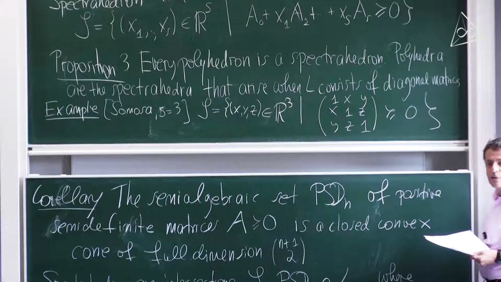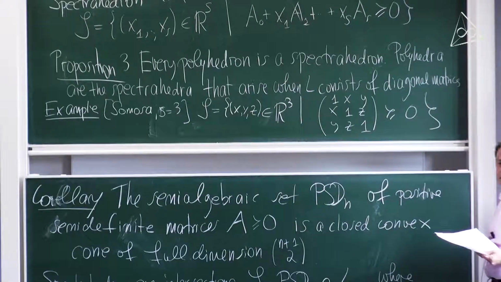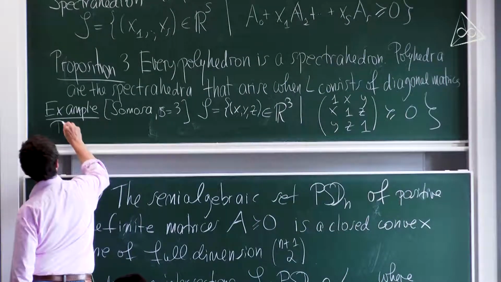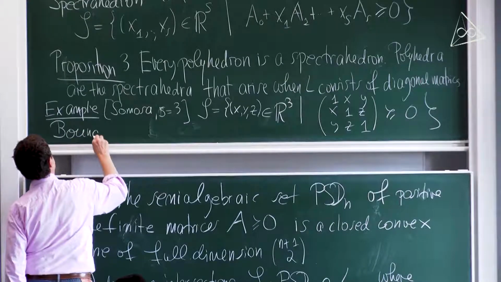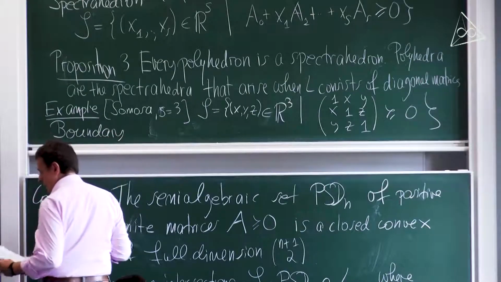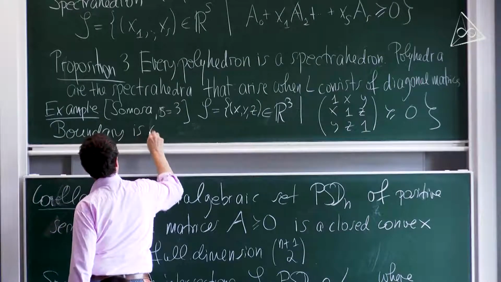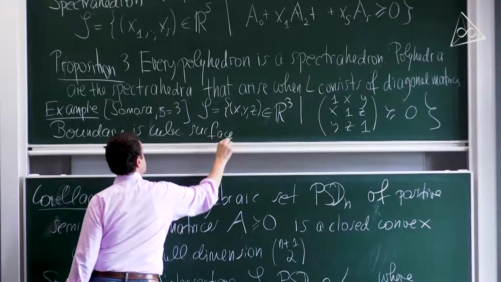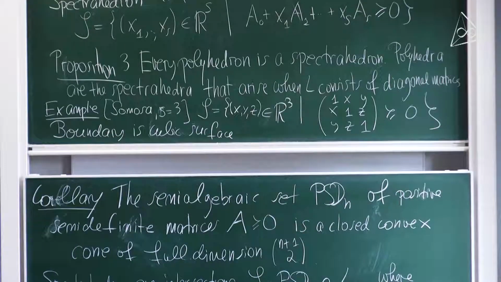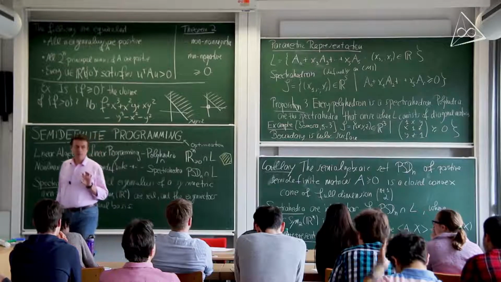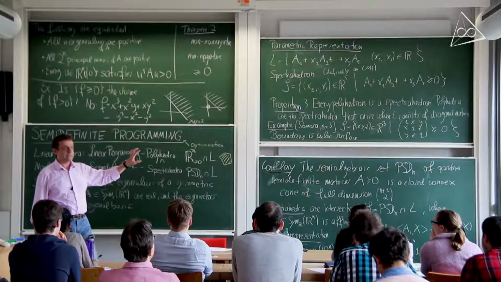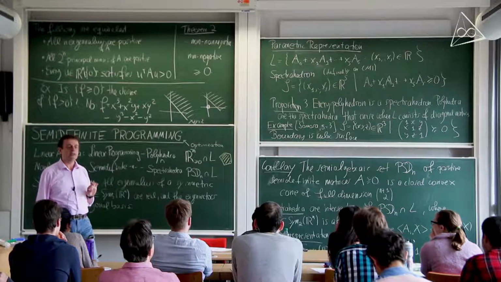Now you saw this on the first page in the very first lecture, and this was yellow. In the first lecture I showed you the picture. The boundary, I claim, is a cubic surface. So why is that? Well, this spectrahedron consists of all matrices like this that are positive semi-definite. That means that the 3 eigenvalues are non-negative.